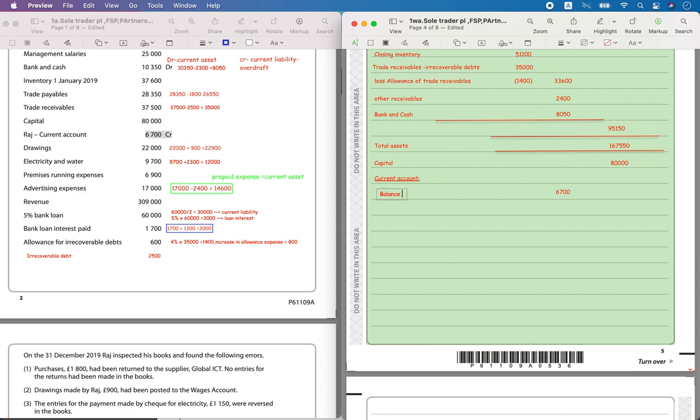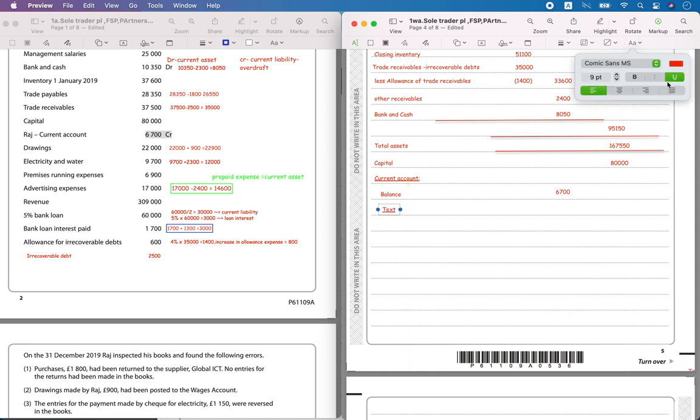Then we had already calculated the net profit in the income statement. It was done in the previous video. So the net profit was calculated around 12,200.